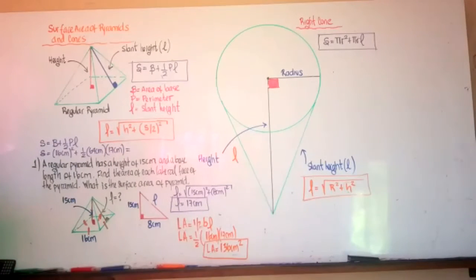For that reason, the surface area of this pyramid will be given by 16 squared plus parentheses 1/2 times 64 times 17. That will be equal to 800.